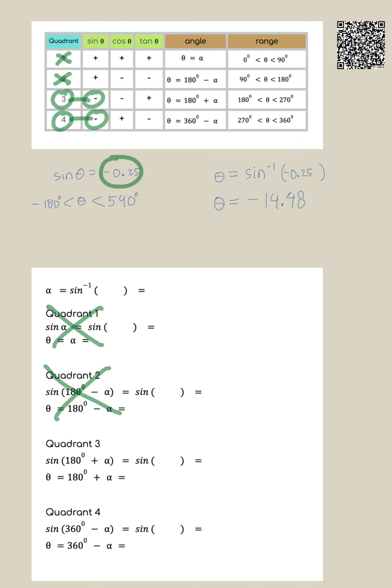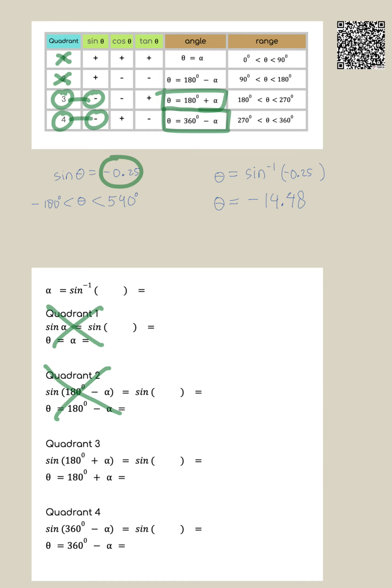And for quadrant 3, the angle will be 180 plus alpha. For quadrant 4, the angle is 360 minus alpha. So we get these 2 angles. We apply it here. But before we apply there, we must find the value of alpha first.